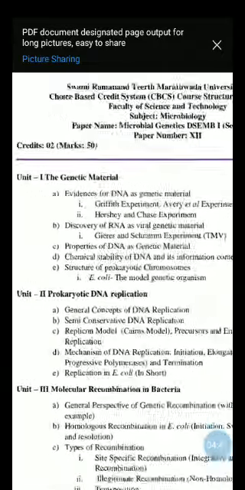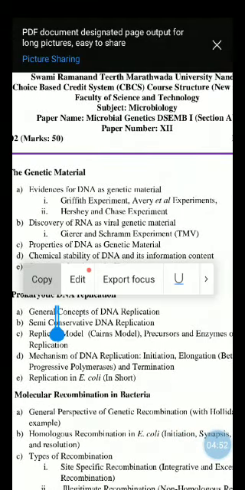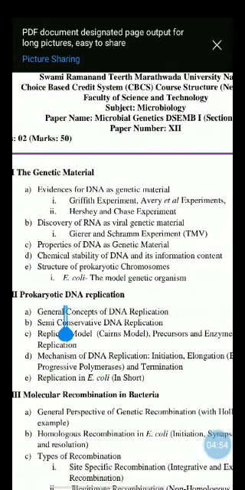The first point is evidences for DNA as genetic material. Which evidences? First, the Griffith experiment and Avery et al. experiments, and second, the Hershey and Chase experiment.